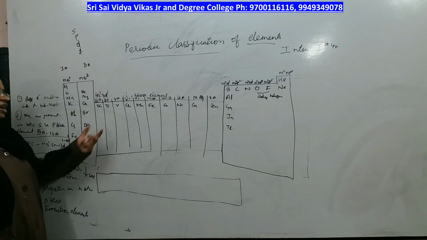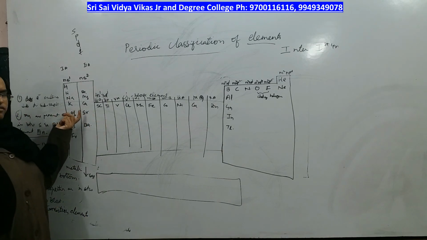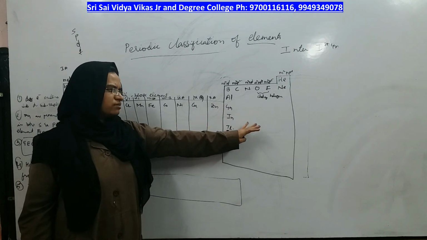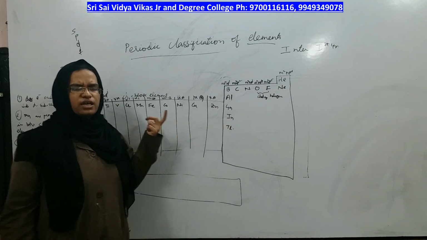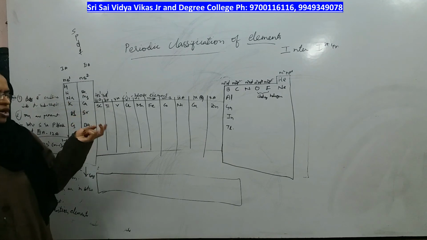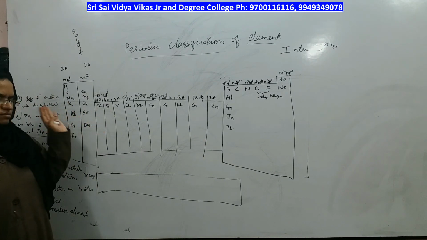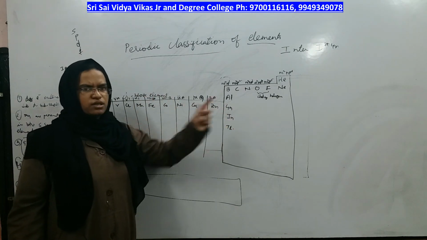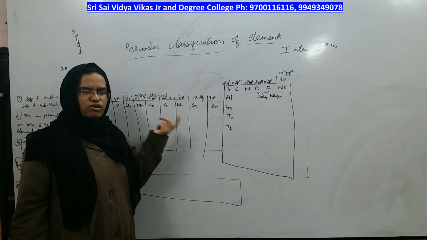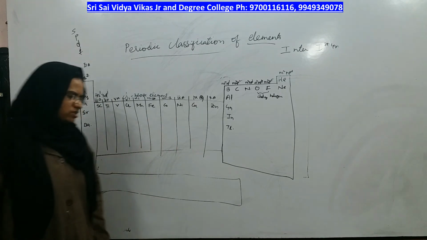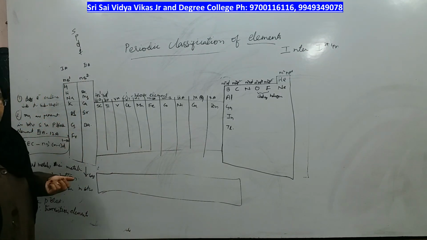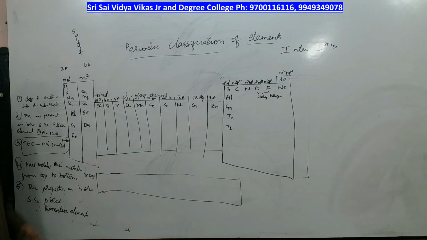They are not as electropositive as S block, and not as electronegative as P block. Therefore, they are in between S and P block. They are trying to convert from S block and go towards P block, so they come in between and are called transition elements. This is about D block elements. Please copy down the points. Let us move towards F block elements.